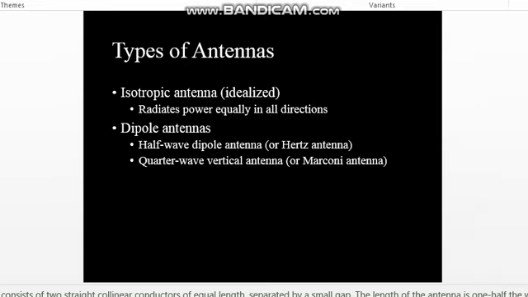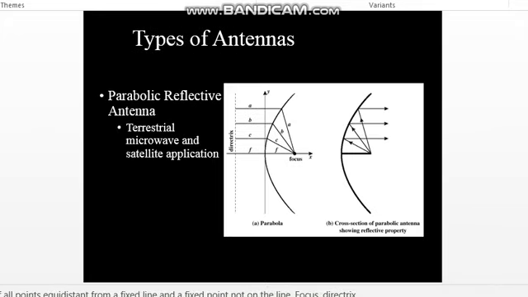Next are parabolic reflective antennas. You may not have seen these kinds of antennas, but they are used in the Navy, Air Force, and radar sections. They can also be used to get signals from outer space: terrestrial microwave and satellite applications.